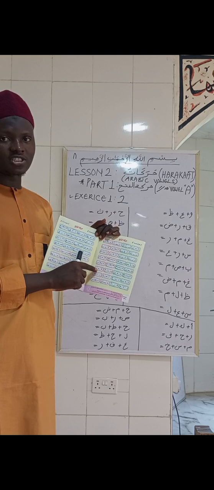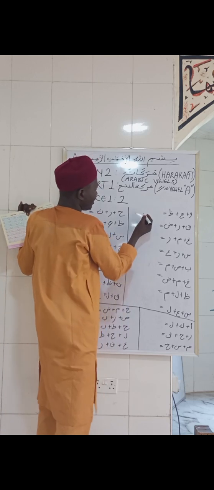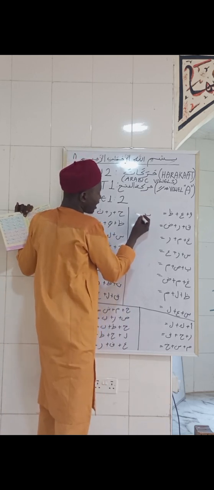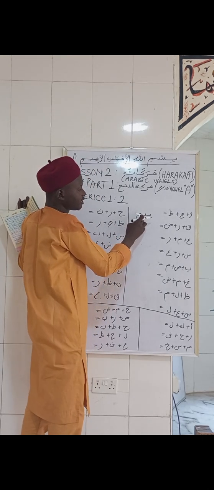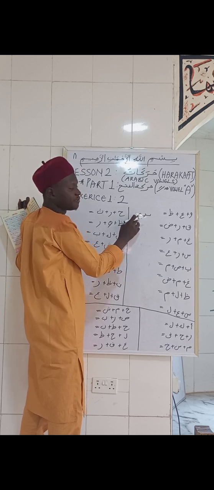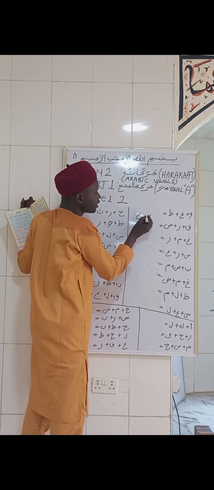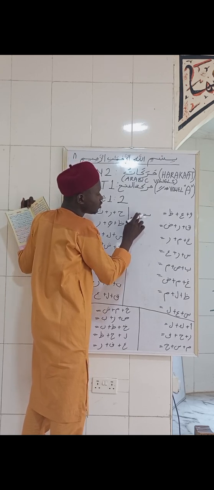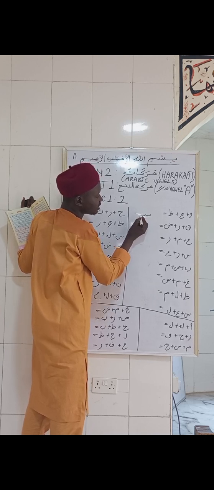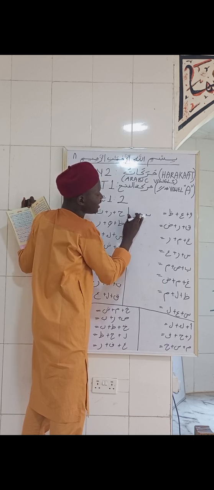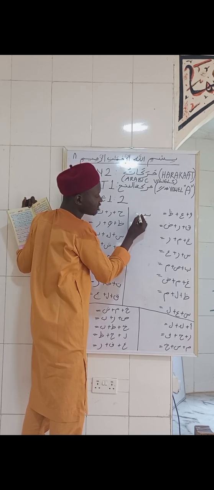If it is at the end, maybe ba, da, a, and the letter that comes before it is a letter that you cannot join. If it is a letter that you can join, it will not take this shape again, because you can't do it like this, and equally you can't do it like this. So if it is a letter that can join with another letter, it will not take this form.